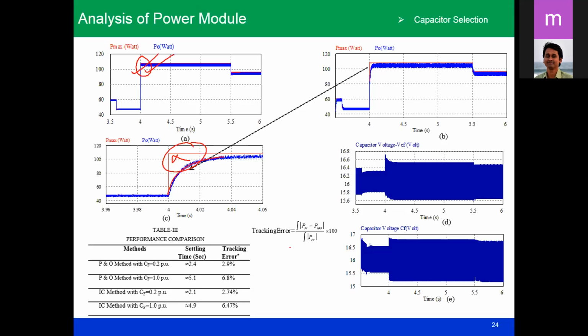So this is for less capacitor, and this is for 1.2 per unit. You can see the difference between the capacitor voltages, because this capacitor voltage is what you are sensing to analyze the system. So time and the error you can see here. Whenever your capacitor value is less, the tracking error is less, and the settling time is also less. And if the capacitor value is more, then you have more settling time and more tracking error.